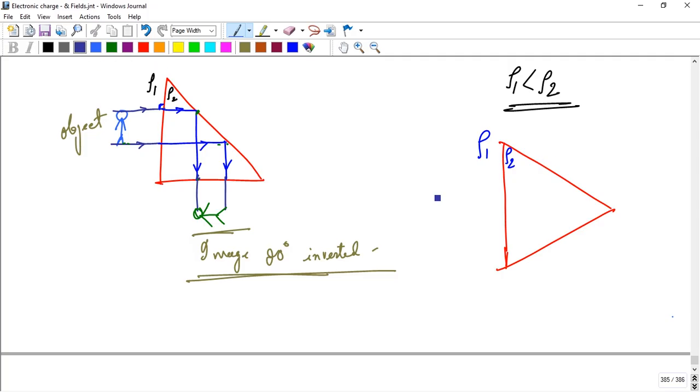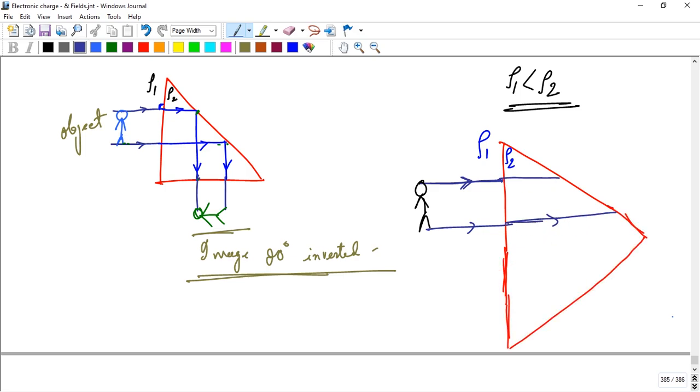Now suppose an incident ray from the object, with the head and leg here, falls on this surface. There is no bending. This is a straight path, don't be confused. And now there is total internal reflection.